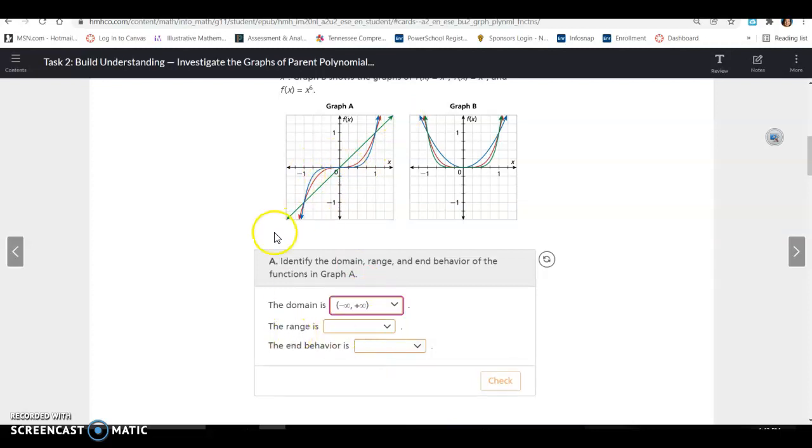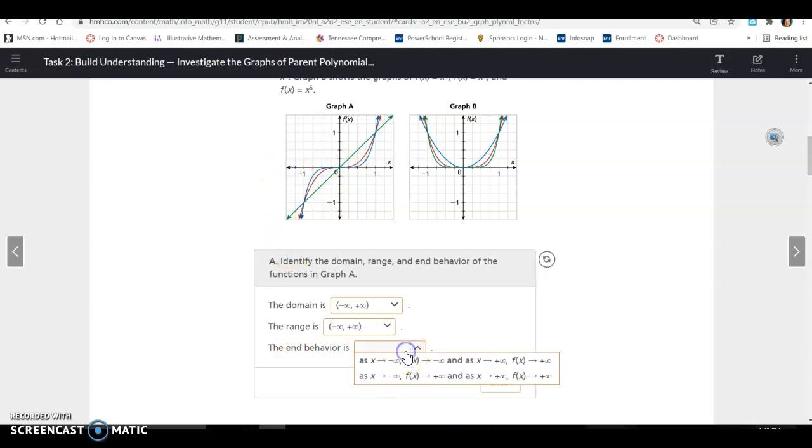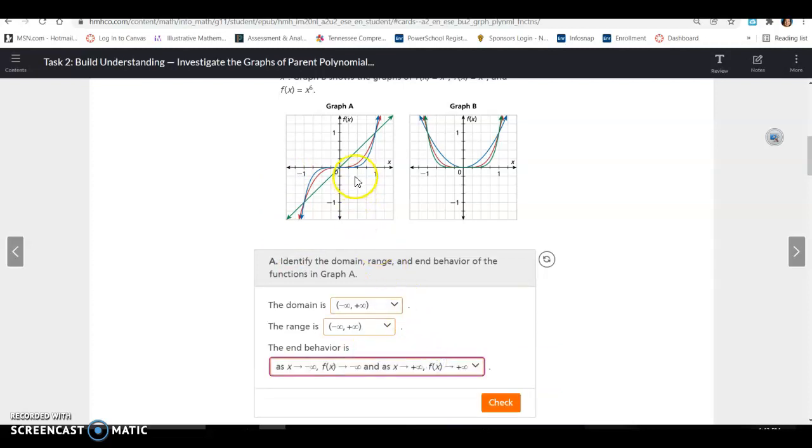The range also goes up and down forever, so it's also all real numbers. And the end behavior: as x goes negative, y goes negative, and as x goes positive, y goes positive.